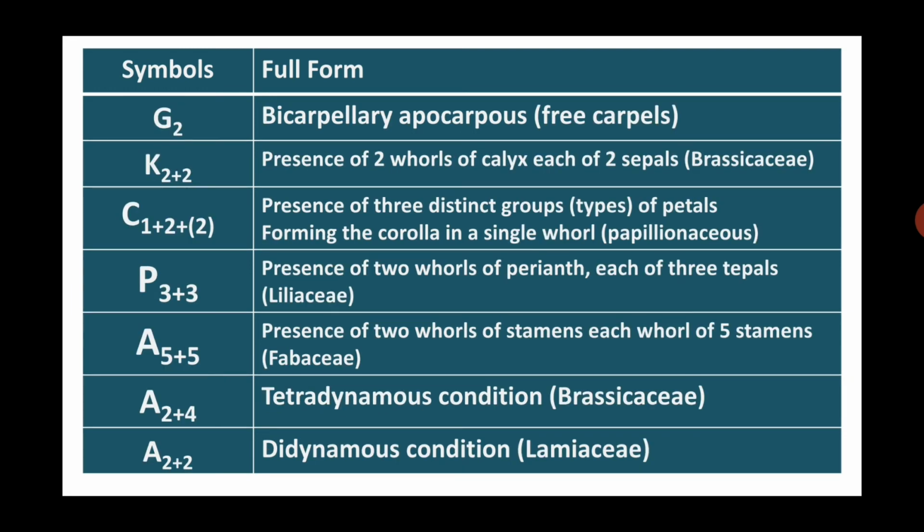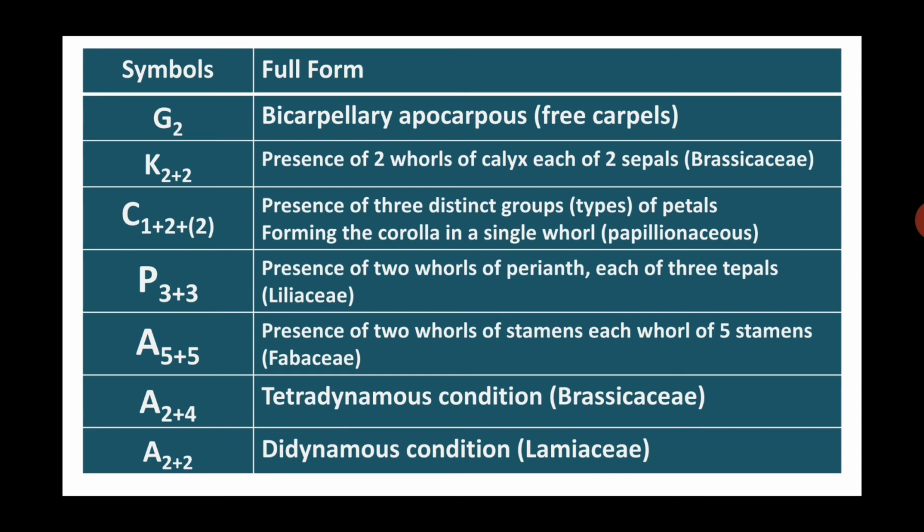G subscript 2, that is bicarpellary apocarpous, that means free carpels. K 2 plus 2, that means presence of two whorls of calyx, each of two sepals, that is Brassicaceae family. C 1 plus 2 plus 2 in bracket, that is presence of three distinct groups or types of petals forming the corolla in a single whorl. So that is papilionaceous corolla.